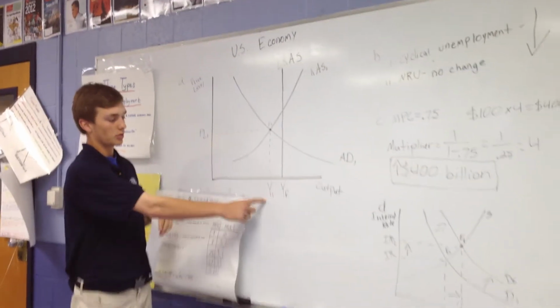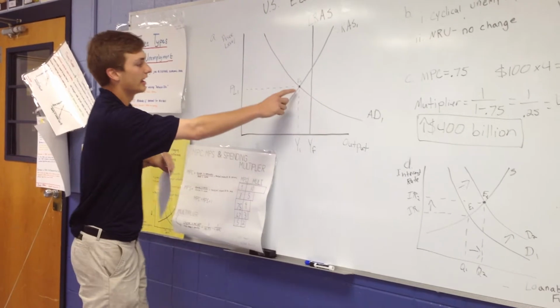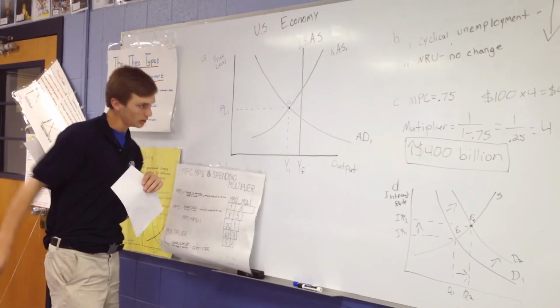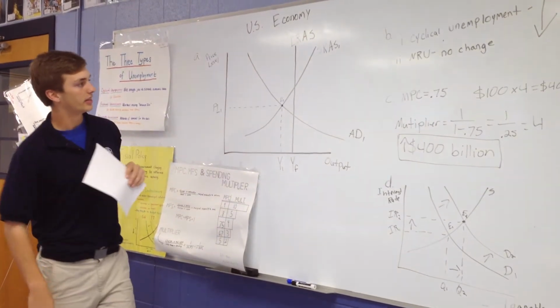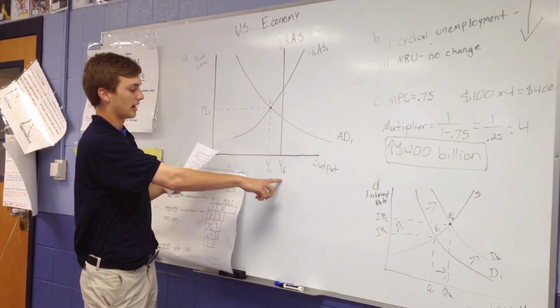So right here, Y1 is where the current output in the economy is, and when we go over horizontally, we find that it's right here is PL1, where the current price level is. And the full employment output would be right below the long run supply, and that's YF.